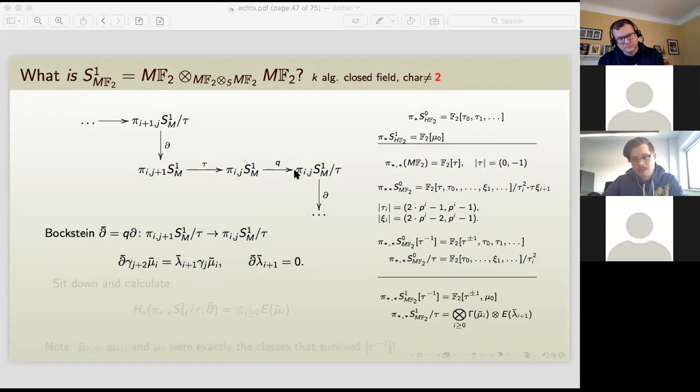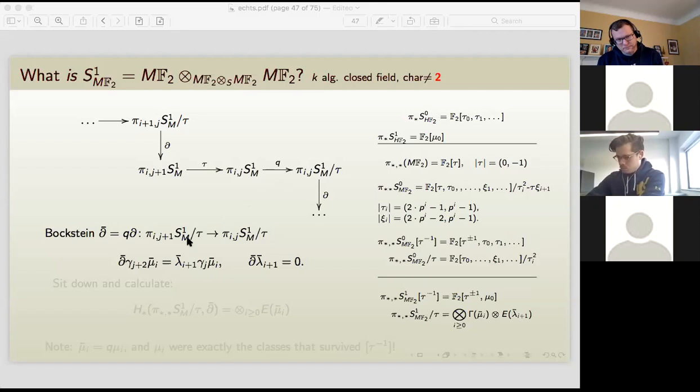And since we had so great algebraic control of the mod tau Hochschild homology, and we knew something more, we can sit down with the Tor spectral sequence. We can calculate what the Bockstein here is.